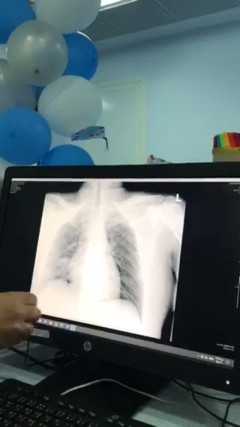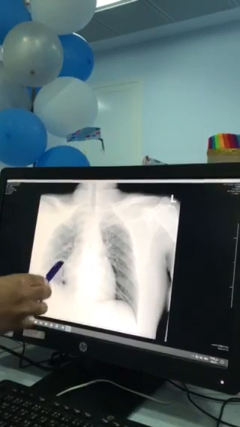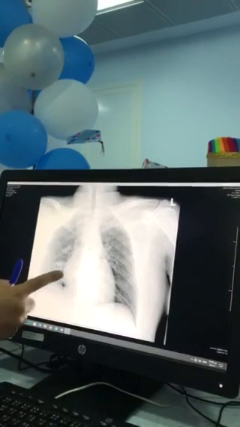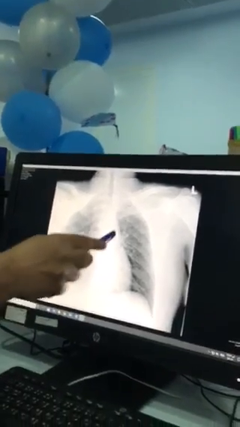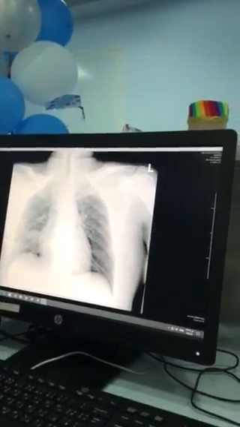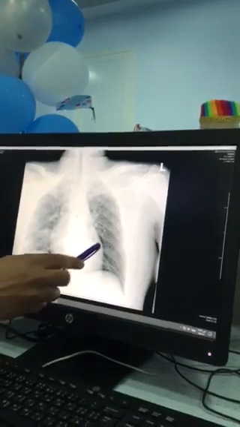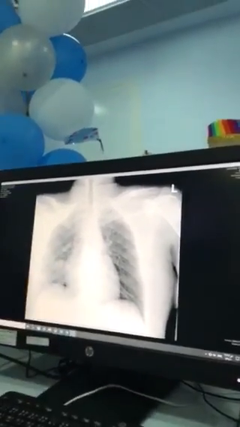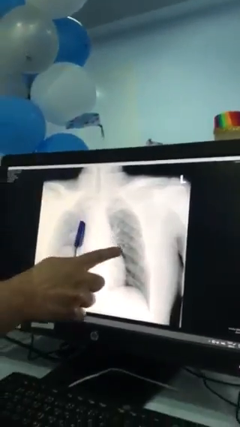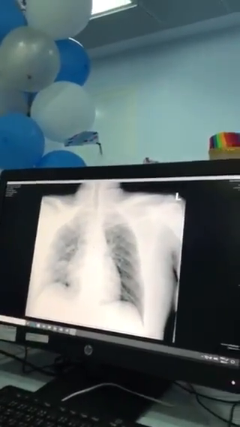Then you will see the cardiac shadow here. If you can clearly see the cardiac edge here and there, that means it is nice. Okay, if you cannot differentiate the edge, cannot see a good continuous line, this is a problem.